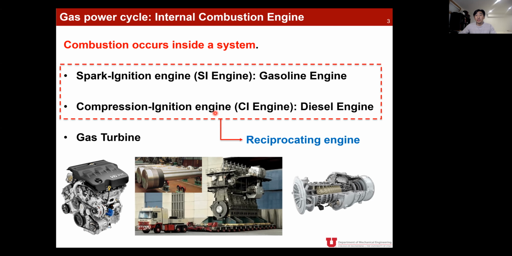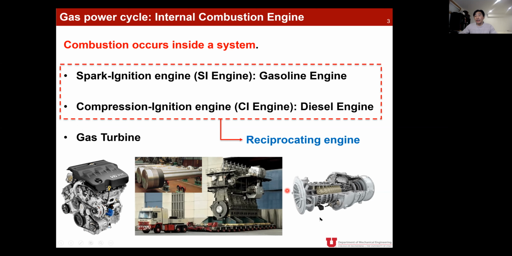Those types of engines are called reciprocating engines because they have a piston as a moving part that moves up and down. Another type of engine in the combustion heat engines is the gas turbine. I really love the gas turbine because that is, I would say, the high-end energy system device that we can learn in thermodynamics.